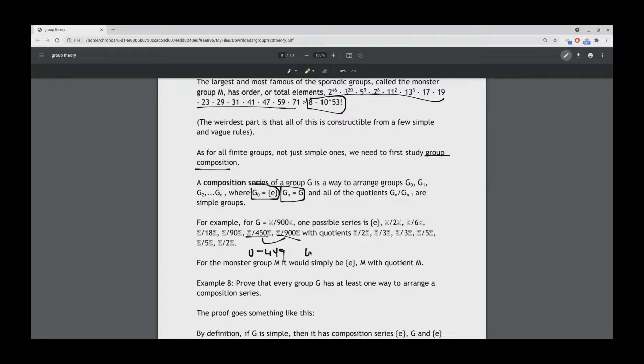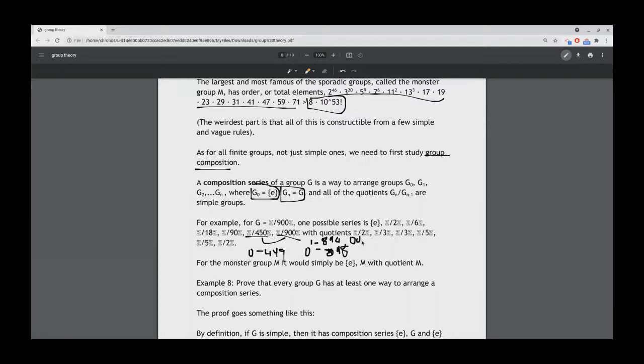If you multiply that by 2, you get 0 to 898, all the even numbers from 0 to 898, which is exactly the same as this. But you can also add a copy of this, which is shifted up 1. So it's 1 to 899. And if you add those two groups together, you have a total of all of the numbers from 0 to 899.